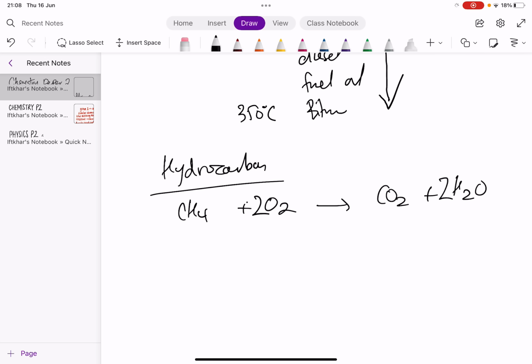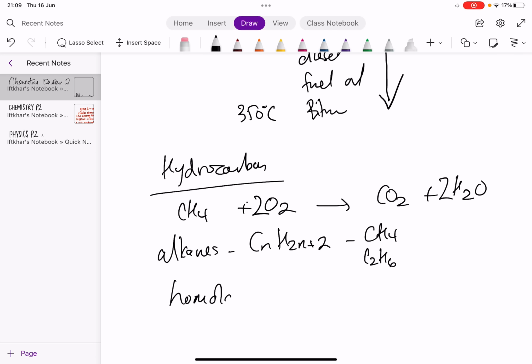Now, the hydrocarbons that feature for combined science are alkanes. Alkanes have a general formula of CnH2n+2: methane, ethane, propane, butane. They are part of the homologous series, which is a series of compounds that have the same general formula.